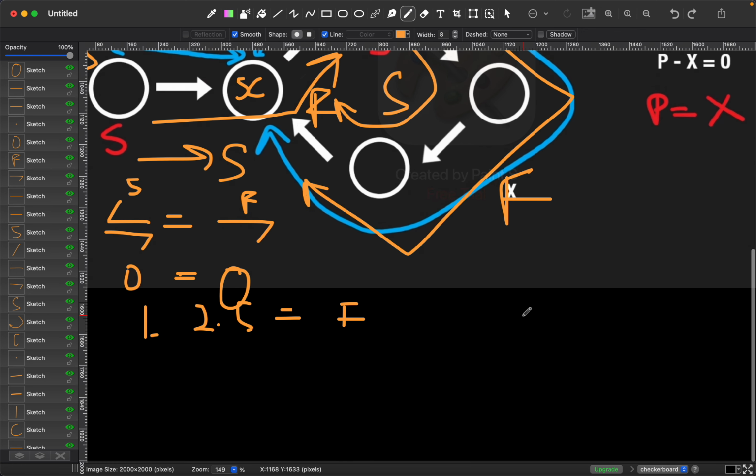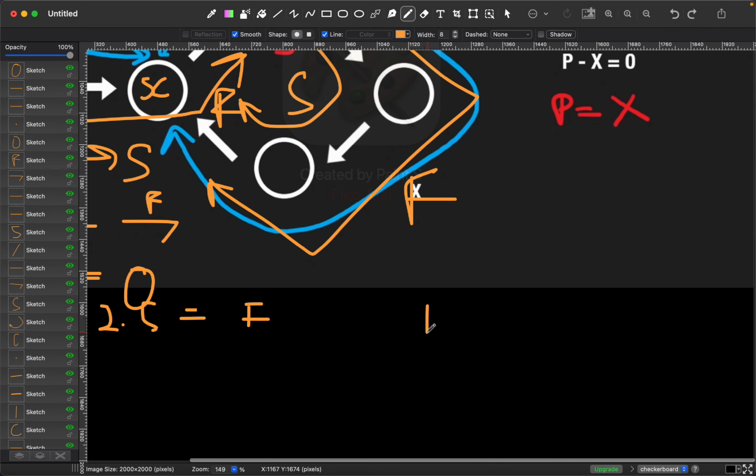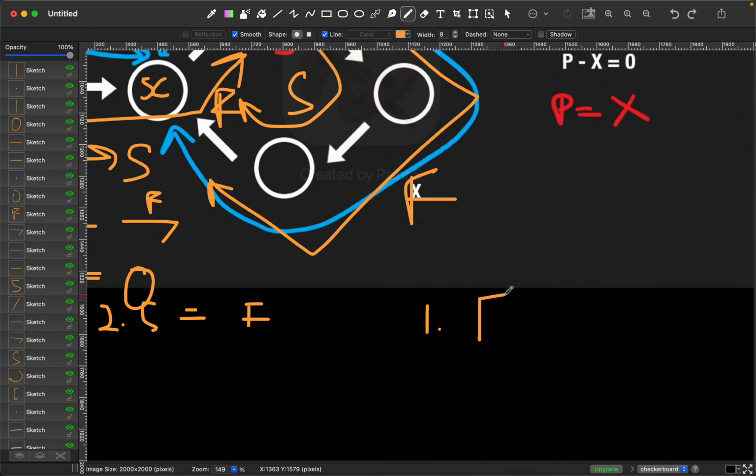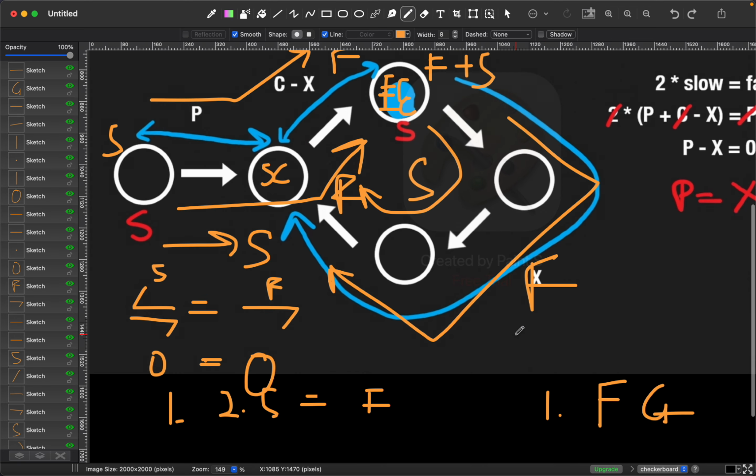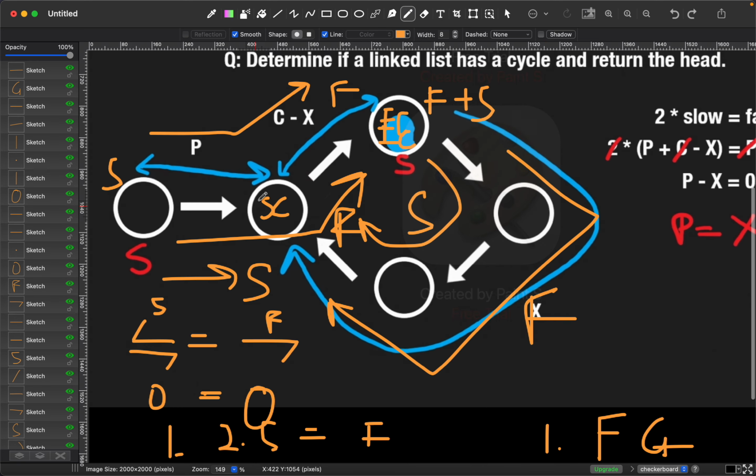So in my opinion, at the end of the day, the idea is this f gap. In the start cycle, you have an f gap. In the end cycle, you have an f gap. Fine.